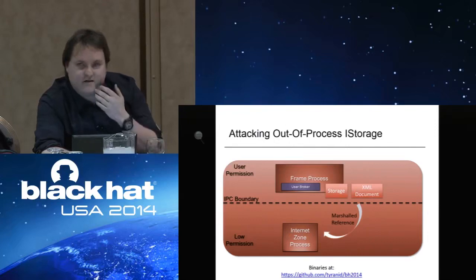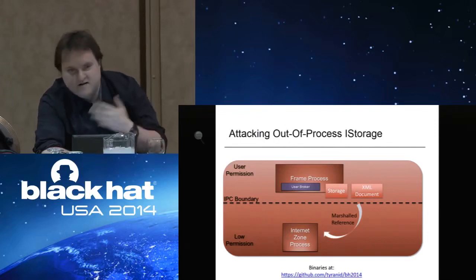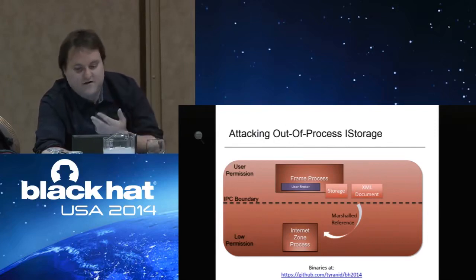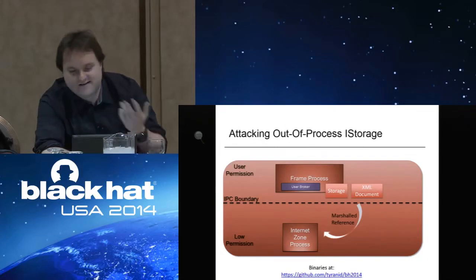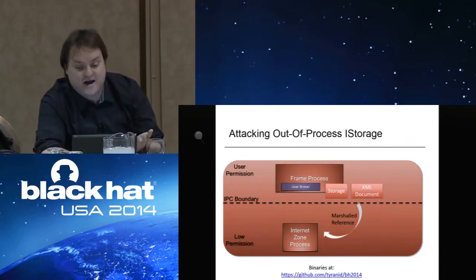So it has to go, okay, in order to give this back to you, I need to create this document. So it calls CoCreateInstance and creates the document for you, and then deserializes it and passes you back now a marshalled reference, which isn't the original thing. It doesn't re-serialize it back to you, which it could do theoretically, but it doesn't. So you've got this asymmetry there.